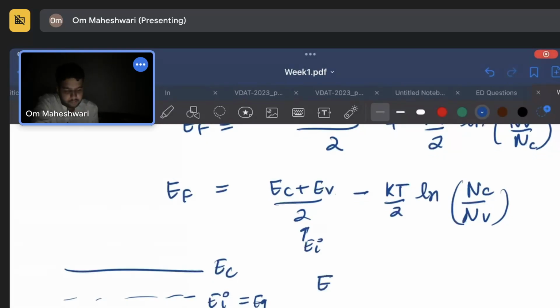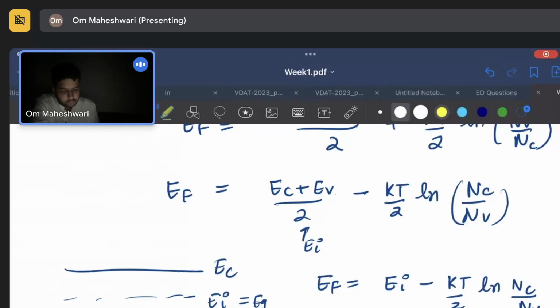So ef equals ei minus kt by 2 ln nc by nv. So this is another important relation that we may need.